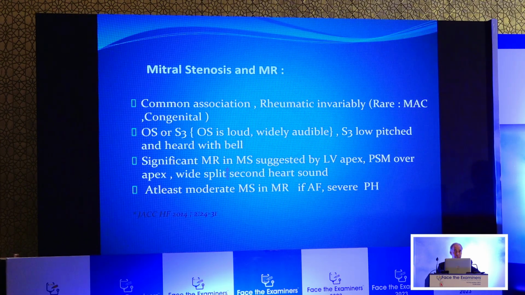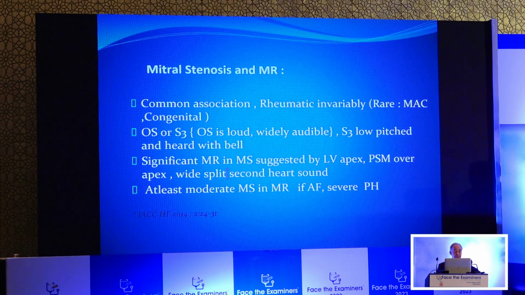How do you know this patient is having a significant MR if there is a mitral stenosis present? The findings which can help in that: if you feel that there is a left ventricular type of apex in mitral stenosis, then you suspect that there is an associated MR. There is a pansystolic murmur, wide splitting of the second heart sound.